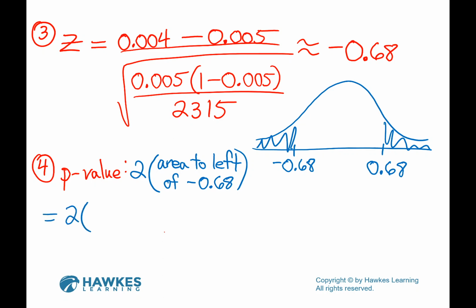Looking at negative 0.68, I get 0.2483. When we multiply by 2, our p-value is 0.4966, which is huge for a p-value if you're trying to reject the null hypothesis.